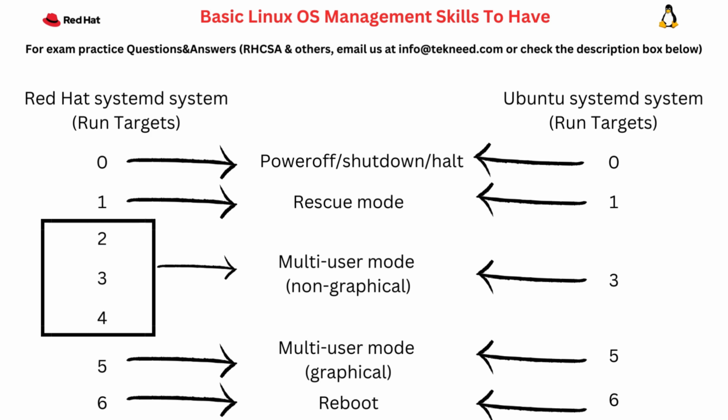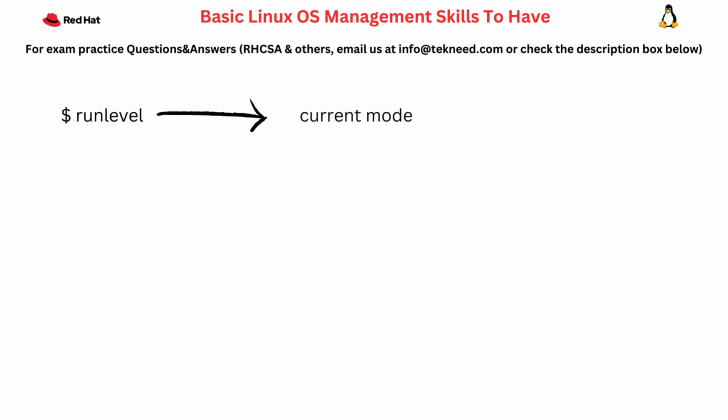And in that same lesson, I also mentioned how to see the default target, the running target, and how to switch between these targets, both in the operational mode or from the grub menu. For example, to see the current target of your system or the current mode of your system for both Red Hat and Ubuntu systems, we can use the command runlevel.